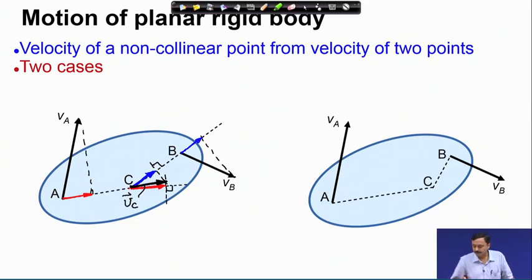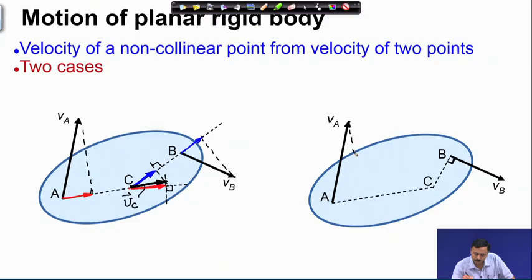Again, I have chosen another point C such that the angle that BC makes with the velocity VB is 90 degrees, as you can see here. I want to find out the velocity of point C. So, I proceed as we have done.